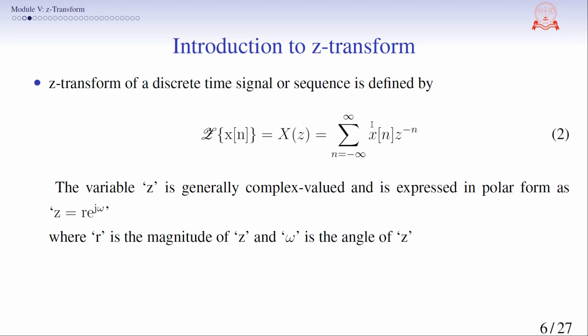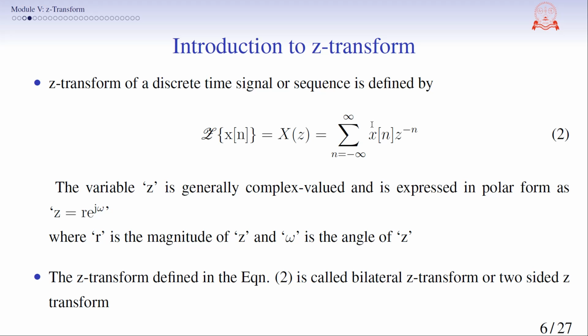Here, as I said earlier, z is generally complex valued and is represented in the polar format as z equal to r e raised to j omega, where r is the magnitude of z and omega is the angle part of z.